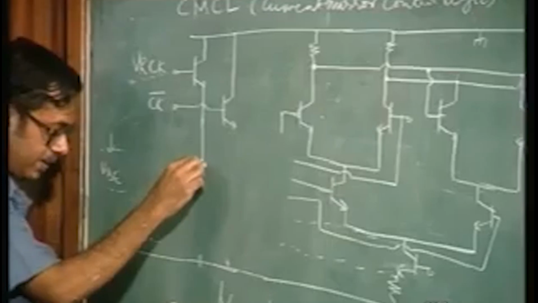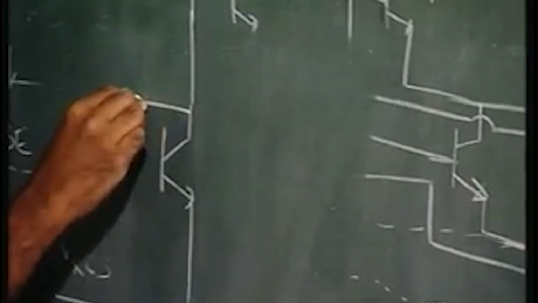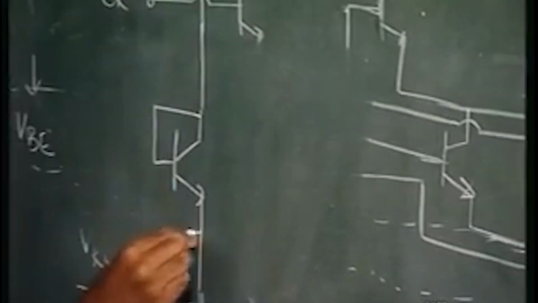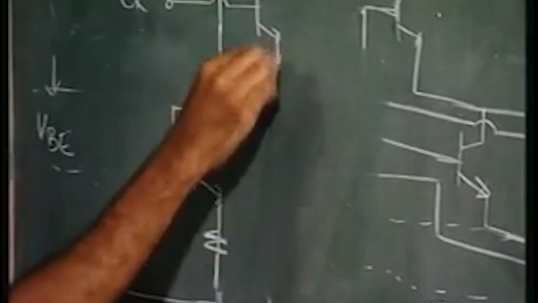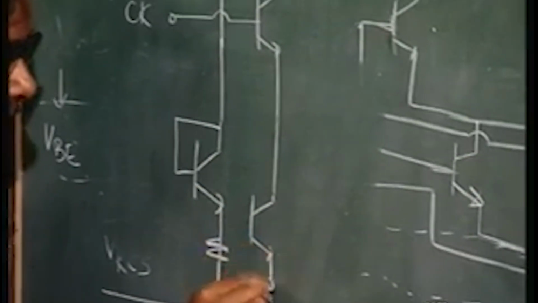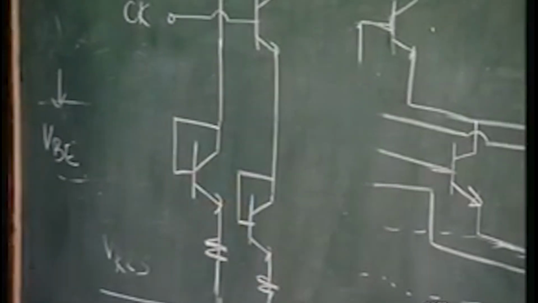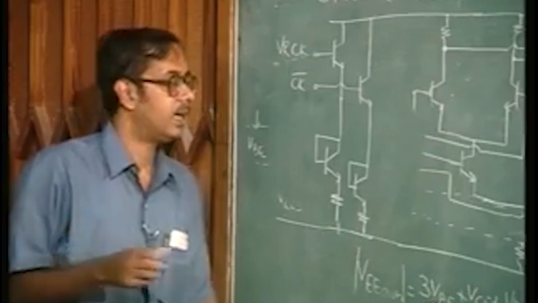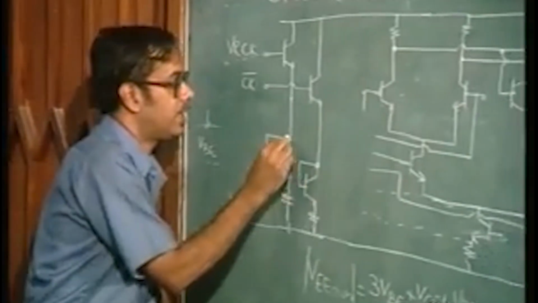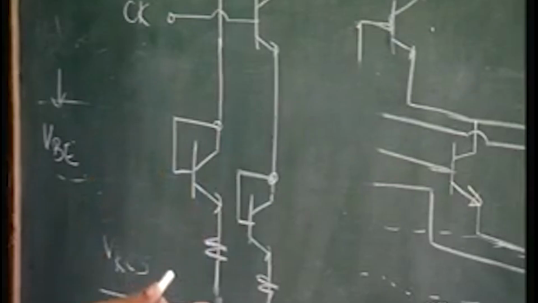So what you have here is a current mirror arrangement. I suppose you are aware of what a current mirror is. That is basically a circuit which controls the current flowing in some other circuit.